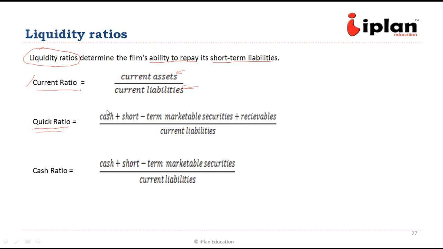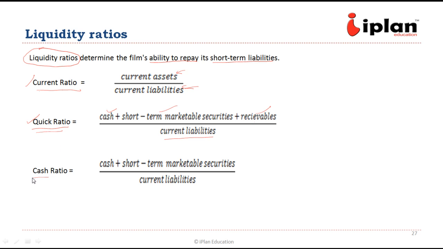So these three current assets are relatively easier to convert to cash to fulfill our current liabilities. Inventory is difficult, so we have removed that from the numerator. So the quick ratio will be more conservative to depict the picture of liquidity.